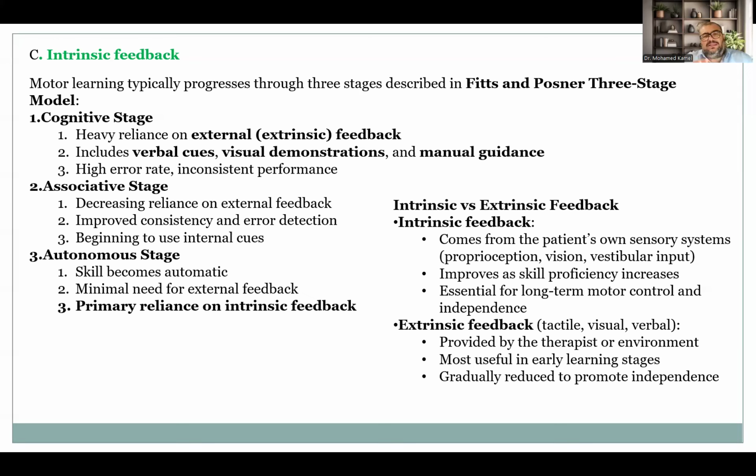Okay, and with that, this type of feedback, intrinsic feedback, is essential for long-term motor control and independence later on. Extrinsic feedback, tactile, visual, verbal. A therapist is giving this feedback, or the environment, and it is most useful in early learning stages.